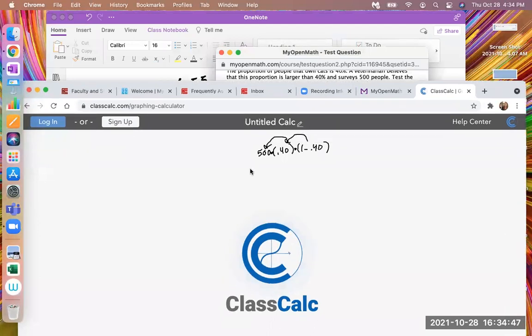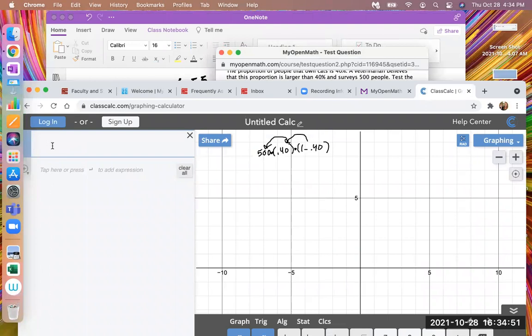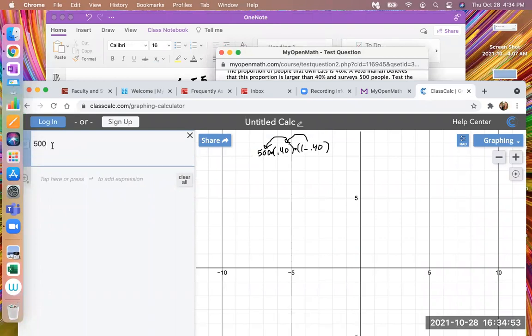Do practice this and make sure that you're getting exactly the same answer as I am. So 500 times 0.40 times 1 minus 0.40 is equal to 120. Let's see how we got that 120.